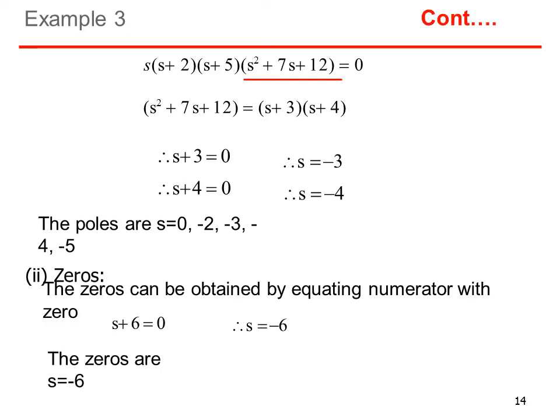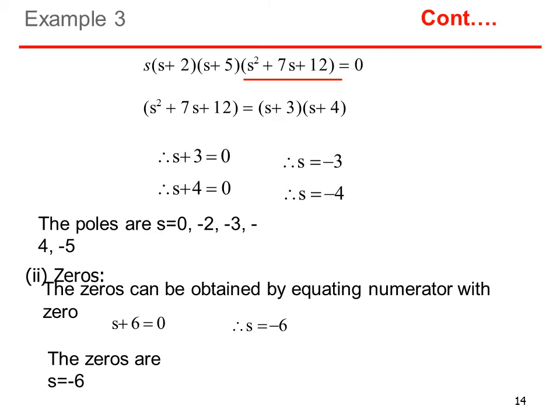The equation also has another bracket, s square plus 7s plus 12, which can be written as (s plus 3) into (s plus 4). So s plus 3 is equal to 0 gives s is equal to -3, and s plus 4 is equal to 0 gives s is equal to -4.